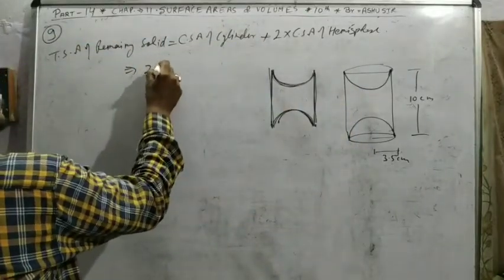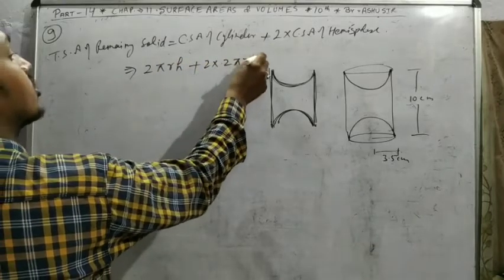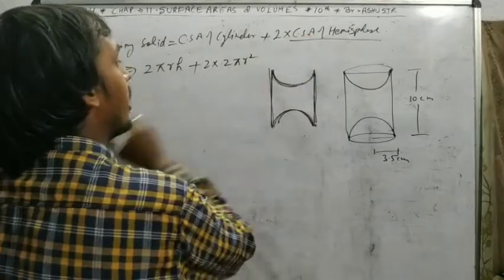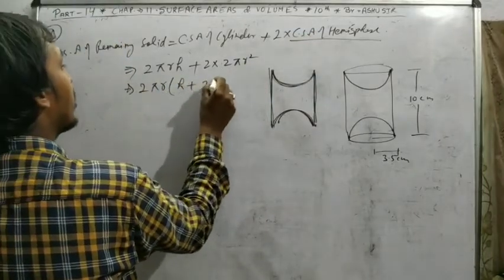This is 2 pi r h, plus 2 into 2 pi r square, the CSA of a hemisphere being 2 pi r square. Taking 2 pi r common, we get h plus 2r.